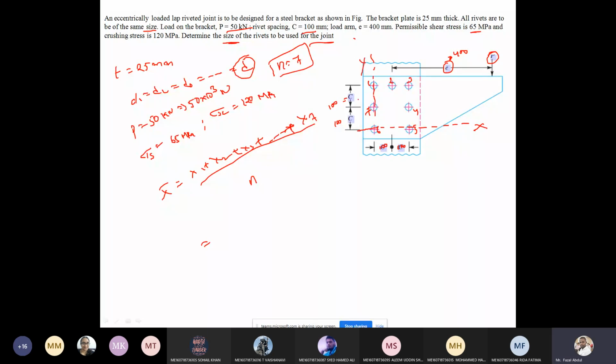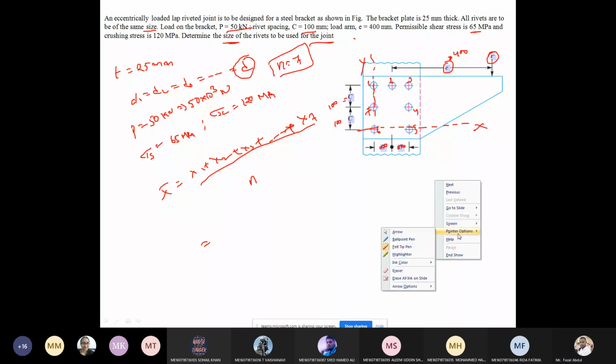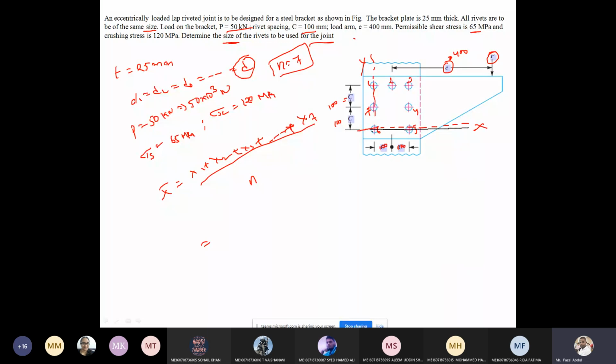Now what is x1 from this one? This is the x line and this is the y line. Now what is the x value?